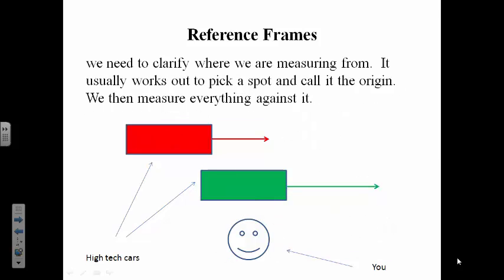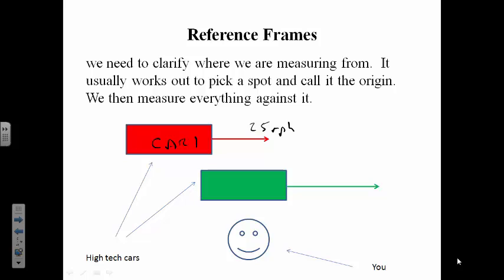Whenever we're going to measure, usually what we'll do is we'll pick some reference frame that isn't moving. Because you as the person are sitting here on the earth, you're in a reference frame that isn't moving, and then you would measure everything against some point that isn't moving. That's why we could say car 1 was going 25 miles per hour, because they're going 25 miles an hour against the earth, which is not a moving reference frame for the general purposes.